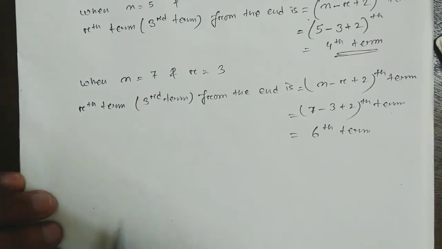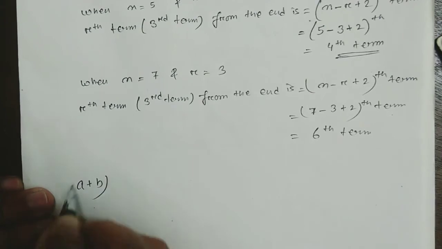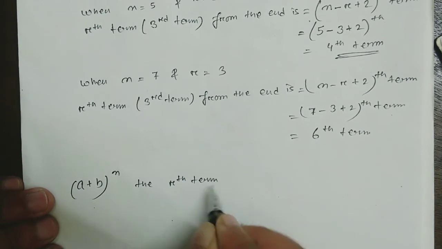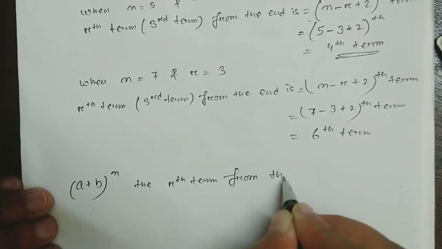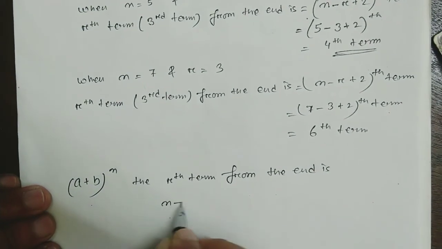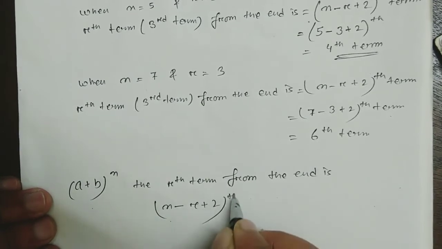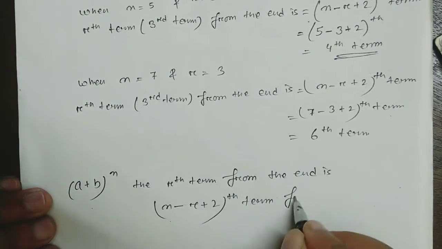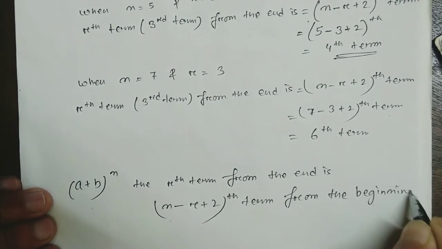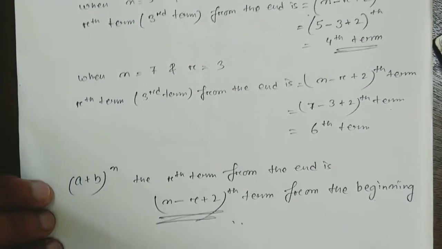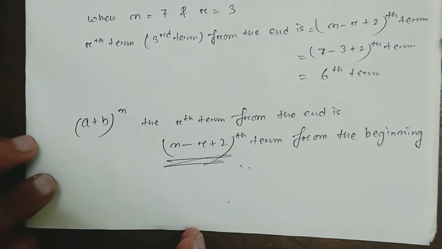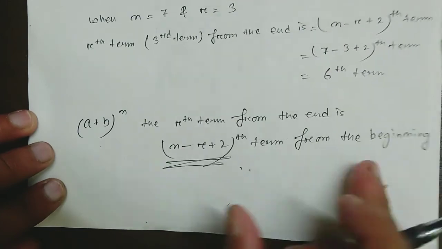So we can say that for a plus b to the power n, the rth term from the end is the n minus r plus 2th term from the beginning. So this has to be remembered. If this is remembered, then we can figure out which term from the last it is and we will get the answer.